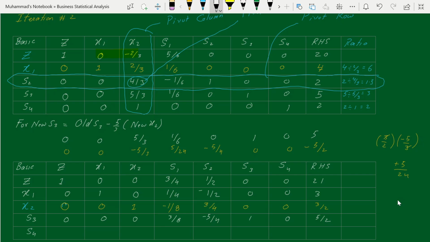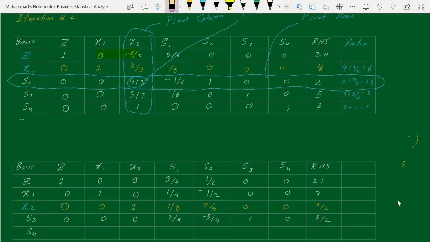Similarly, now for the S4 row. We have completed the S3 row, and now we will start the S4 row. For new S4 row, here we have 1, so it's very simple: old S4 row minus new x2 row.